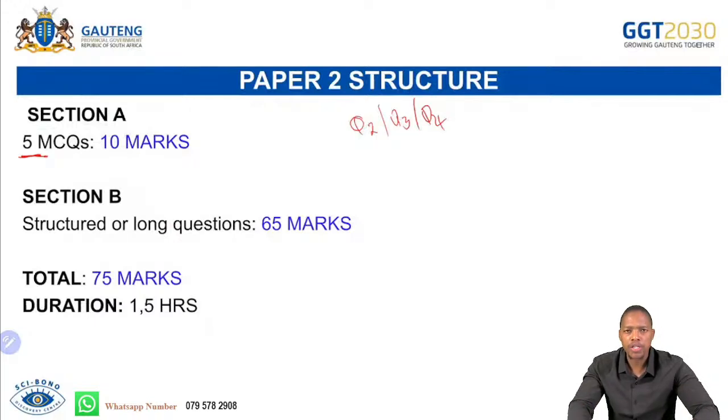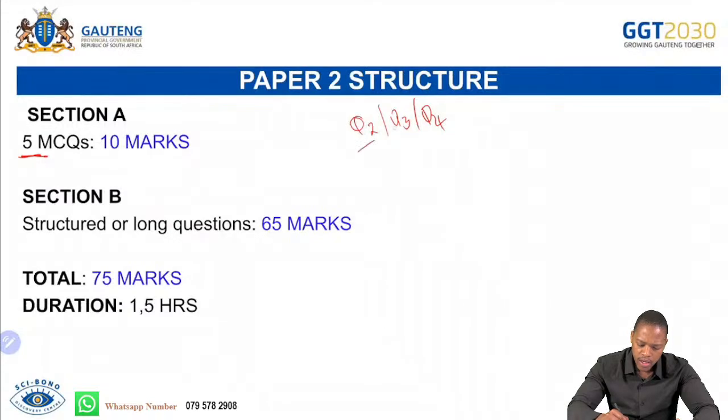Depending on each question paper, it can be question 2, 3, 4, or it can be question 2, 3, 4, and 5, depending on how that specific question paper is structured. But usually, you will find it being question 2, usually in question 3 and question 4. So that's how paper 2 is structured, and that's how we want to know it as learners.